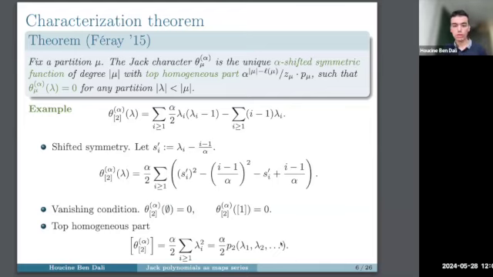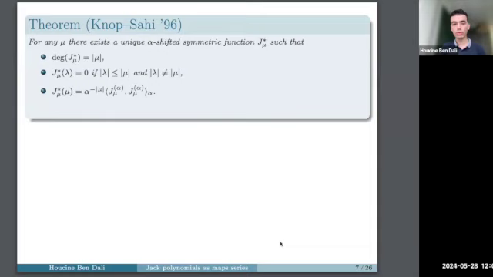Now I will give a very brief context about the proof of this characterization theorem, which was established by Féray, and it uses theorems from Knop and Sahi, which we already started discussing after the last lecture.